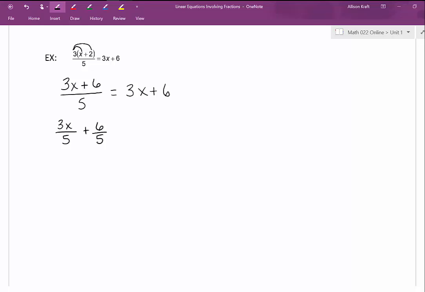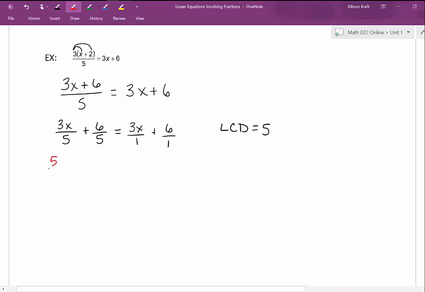However, we can use that rule backwards to split it up into two fractions, equal to 3x over 1 plus 6 over 1. Now that we have our equation written in this form, we want to eliminate the denominators by multiplying each term by our LCD. The least common denominator between 5, 5, 1, and 1 is 5. I'm going to multiply each of these terms by 5 over 1.